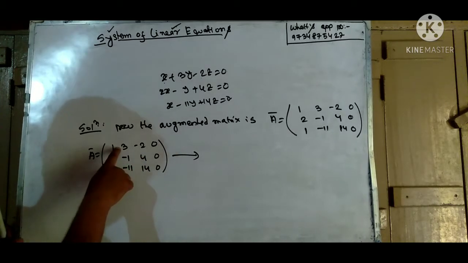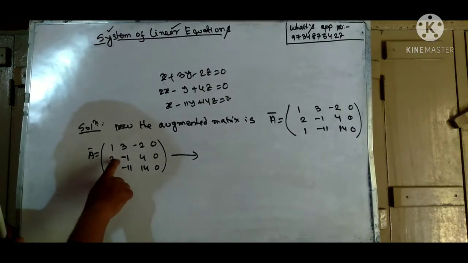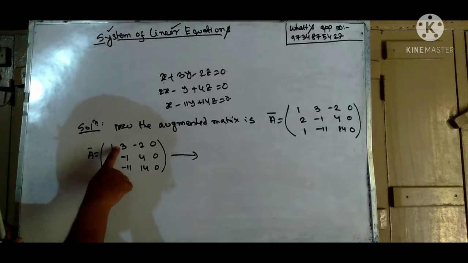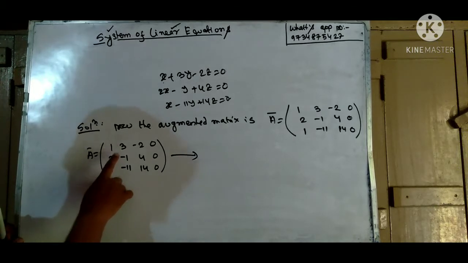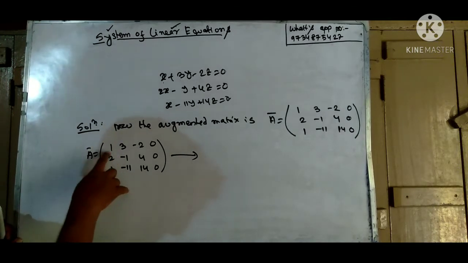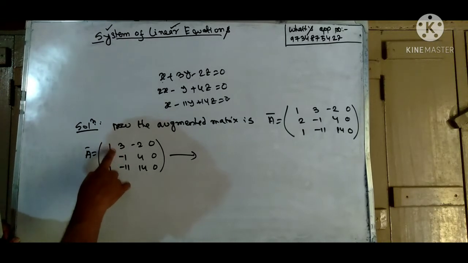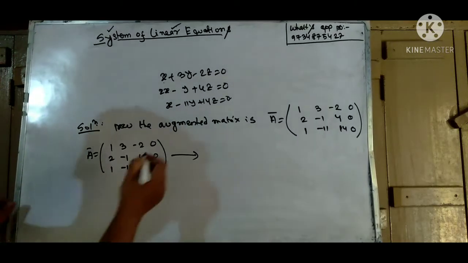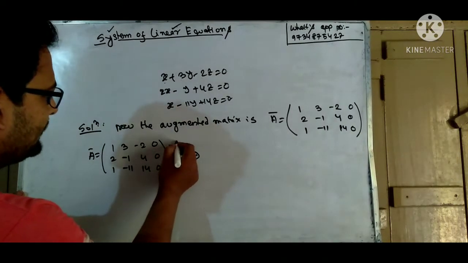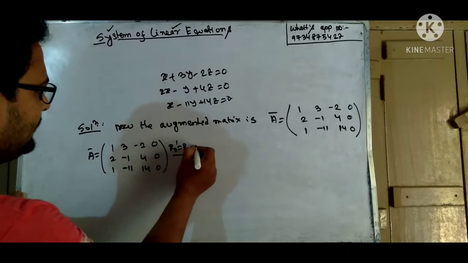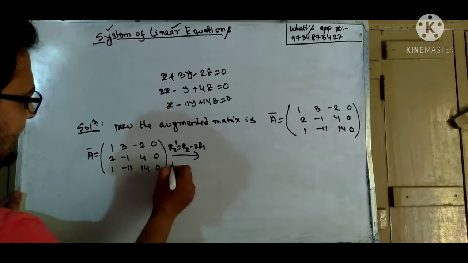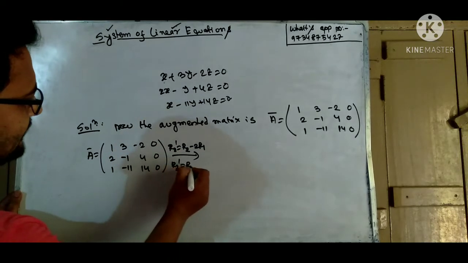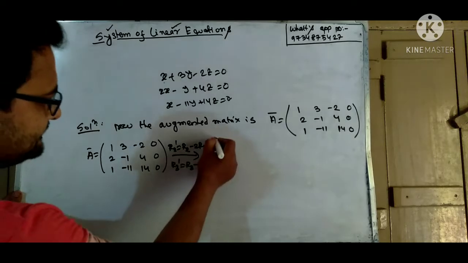Multiplying the first row by 2 and then subtracting from the second row, this will be 0. Similarly, we will directly subtract the first row from the third row, then this will automatically be 0. So, apply R2' = R2 - 2R1 and R3' = R3 - R1.